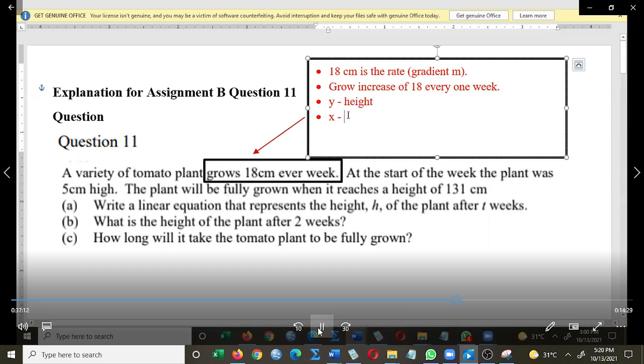And what would be x there? The week. X would be the week. Height is a variable.